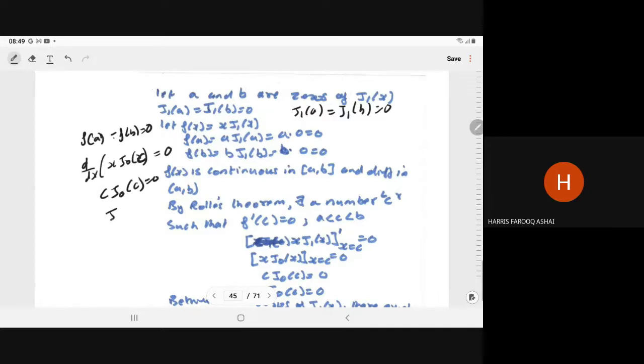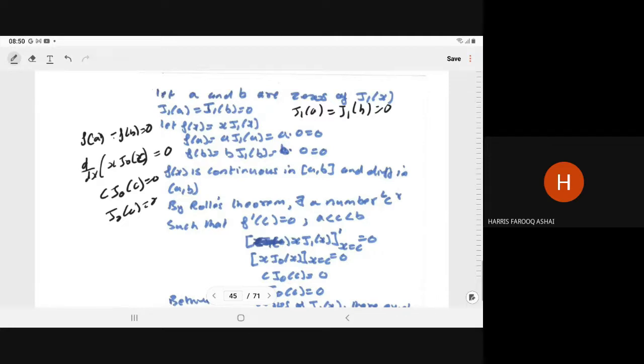That implies J naught C is equal to 0. And when J naught C is equal to 0, what does this imply? C is a zero of J naught which lies in AB. So by Rolle's theorem, there exists a number C between A and B such that f dash C is equal to 0.